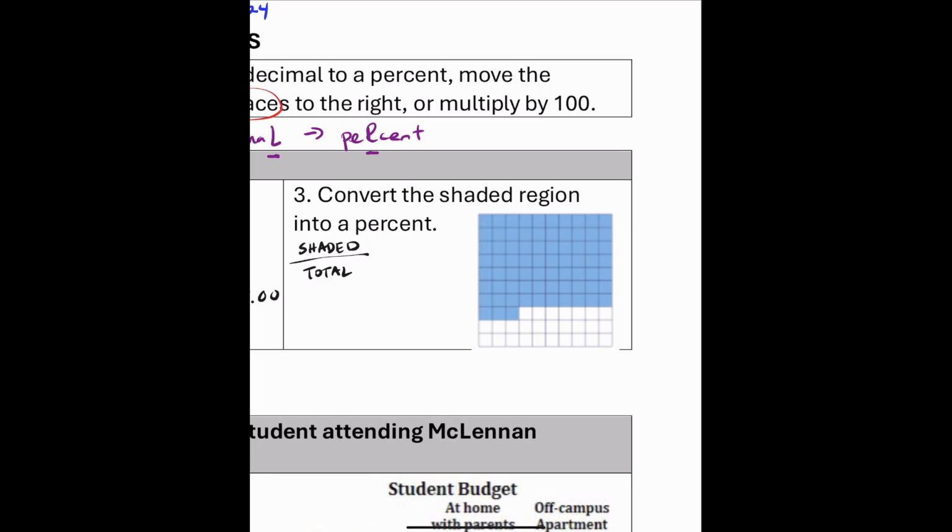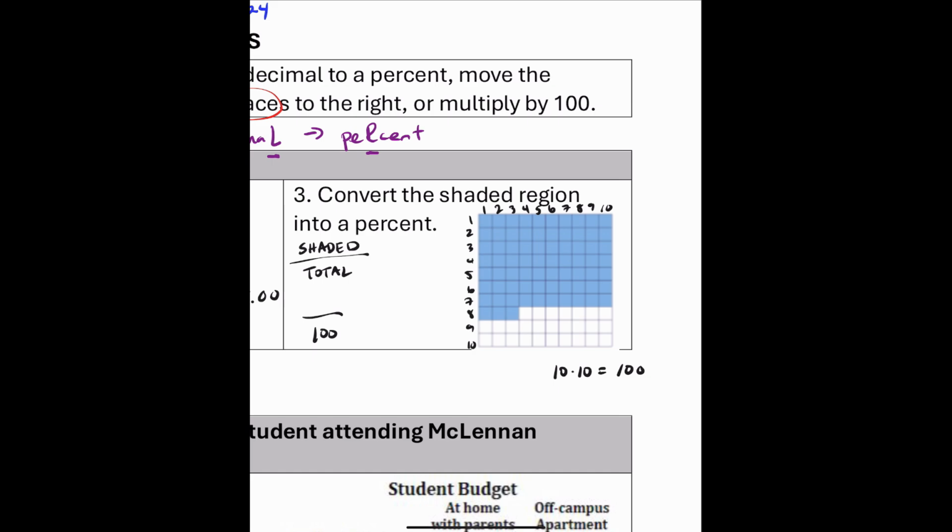So here we have 1, 2, 3, 4, 5, 6, 7, 8, 9, 10. 1, 2, 3, 4, 5, 6, 7, 8, 9, 10. So we know that this is a 10 by 10. So the total number of squares is 100. All right. But how many shaded squares do we have?